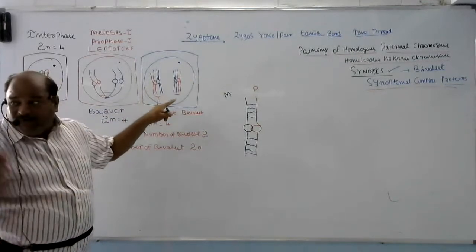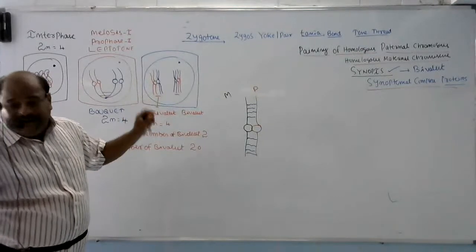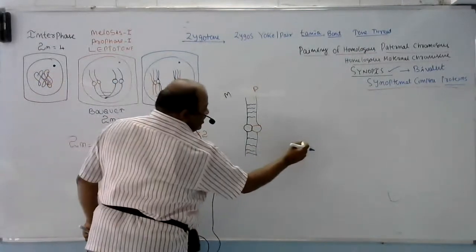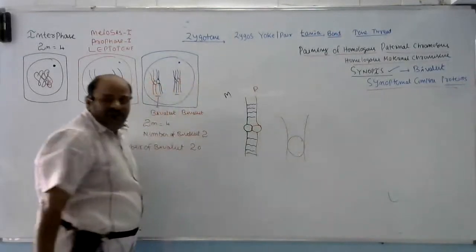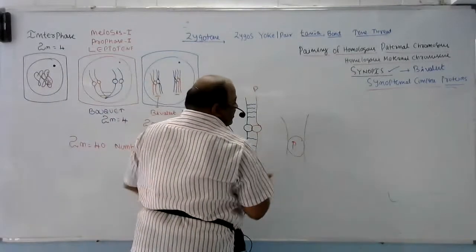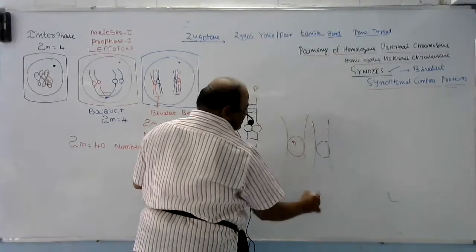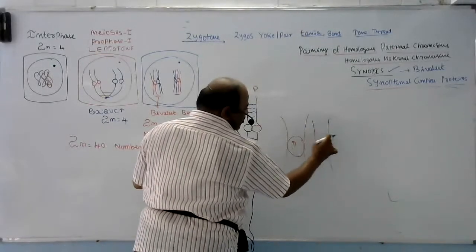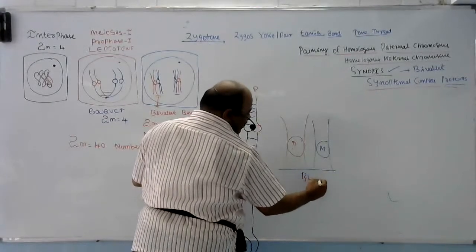Yesterday I already showed this. This is the centromere. This is one chromatid, this is one chromatid. That is, for example, paternal. This is the other one, the homologous maternal chromosome. This is one chromatid, one chromatid. Now both together are called a bivalent.